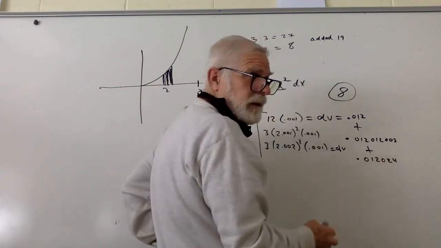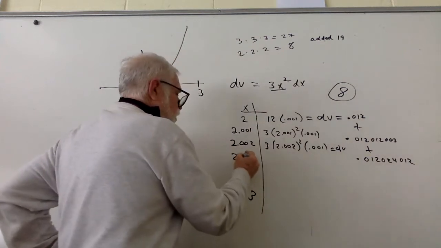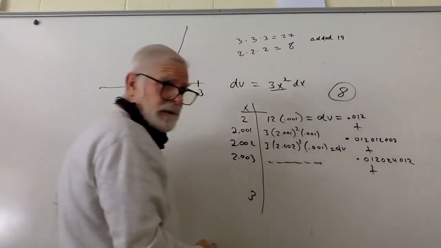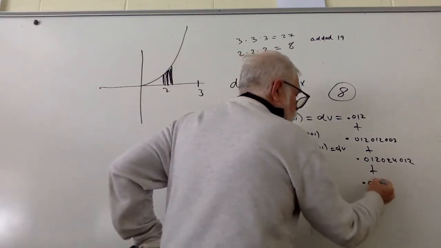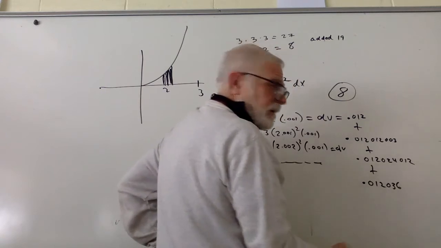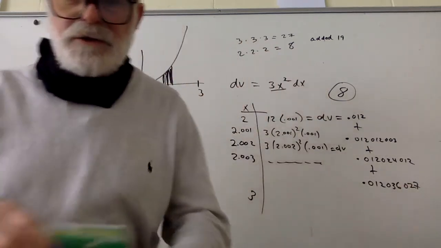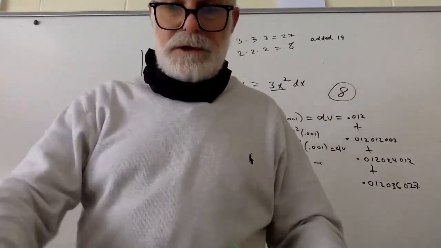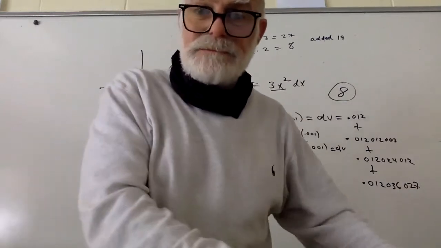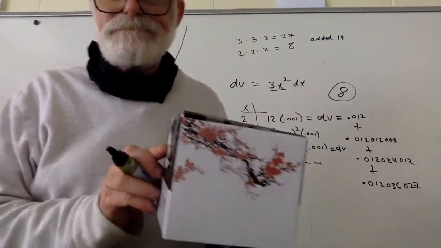And then the next one, 2.003, I'm adding 0.012036027. So that's just another addition of a layer, and each layer is bigger than the other. And eventually, if I keep doing that 1,000 times, I build the whole box.